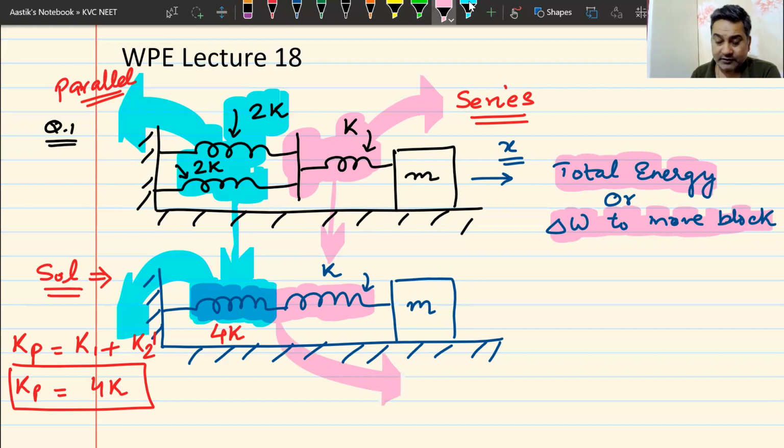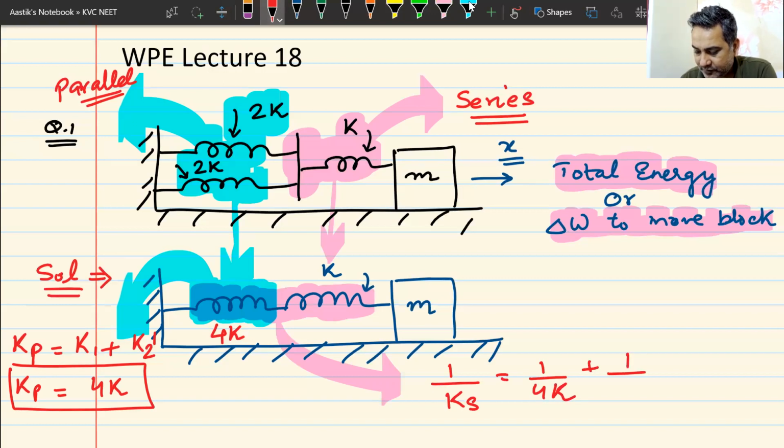K and 4K are in series, so I can put the formula 1 by K series will be equal to 1 by K1, which is 1 by 4K, plus 1 by K. You can solve this equation and let me know the value of Ks.